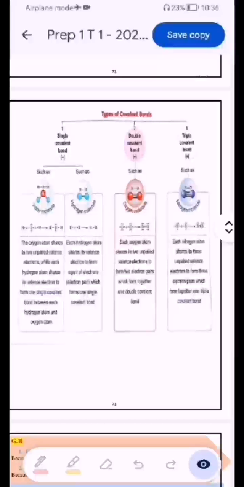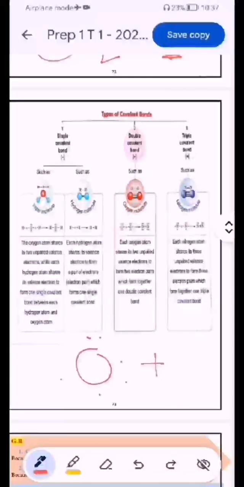But oxygen contains two unpaired electrons. So when one atom of oxygen bonds to another atom of oxygen, there are two pairs of electrons. Look at this. Oxygen: 1, 2, 3, 4, 5, 6, plus oxygen: 1, 2, 3, 4, 5, 6.